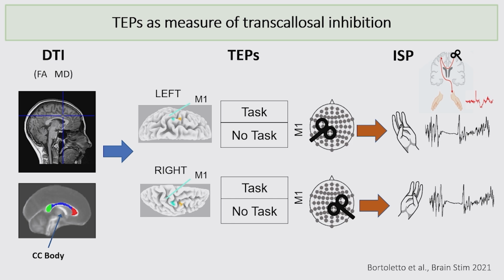So our hypotheses here were to find an association both between the microstructural integrity of the corpus callosum and the TEP, and an association between the TEP and the iSP, as indicated by the blue arrow and the red arrow, respectively.